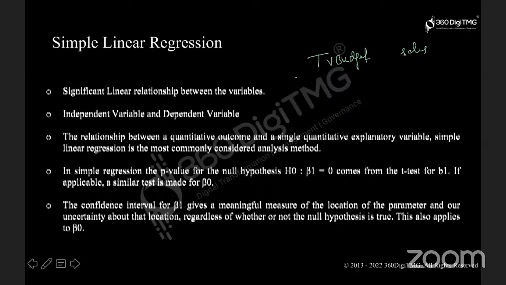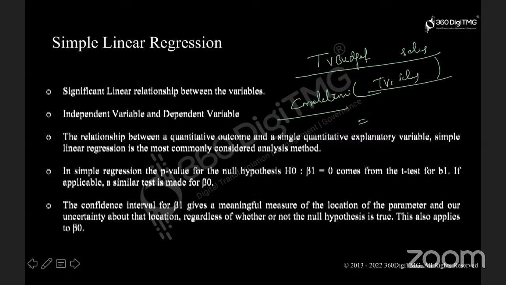We are trying to find out the relationship between both of them, and that is the correlation you find out. A scatter plot would give you whether they are linearly related, whether they have a good relation with positive or negative direction, and how important this is for prediction of your product sales, with an ad being telecast.